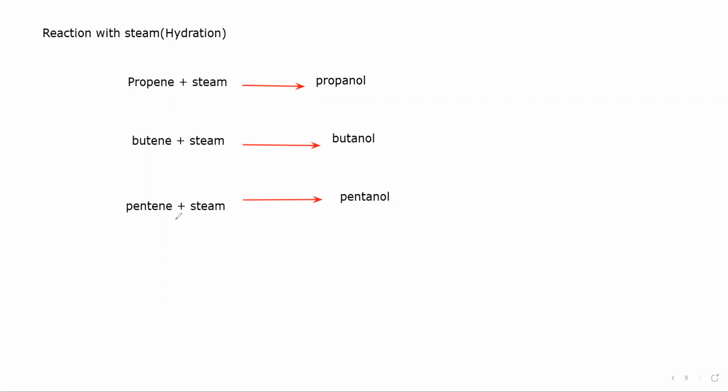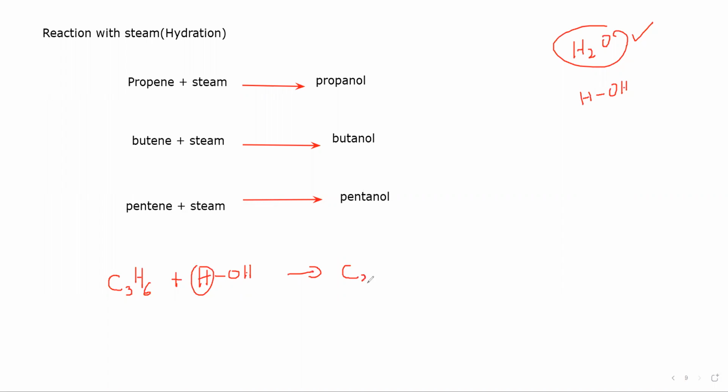If you have to complete a symbolic equation, like C3H6 plus steam, instead of writing H2O, you can write HOH. It will make it easy to complete the product. C3H6 already has 6 hydrogens, so if this H is added first, it becomes C3H7 and then OH will be there.